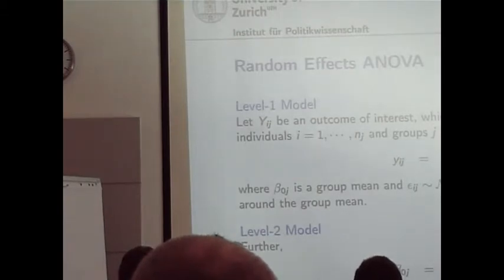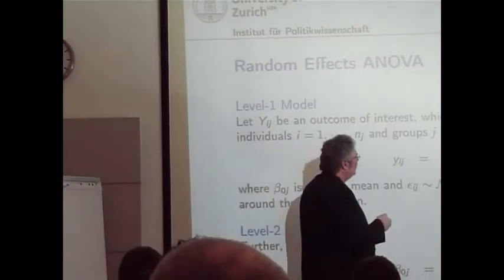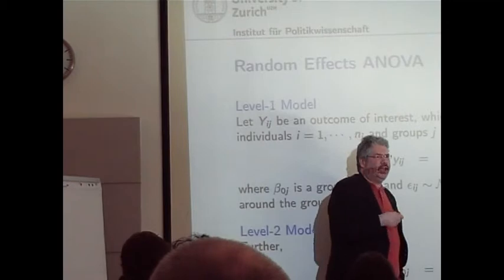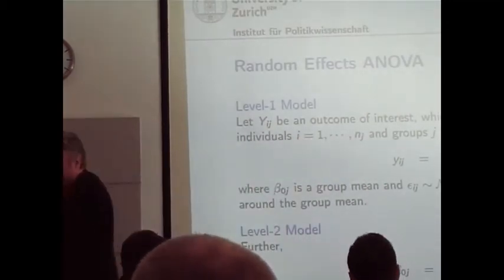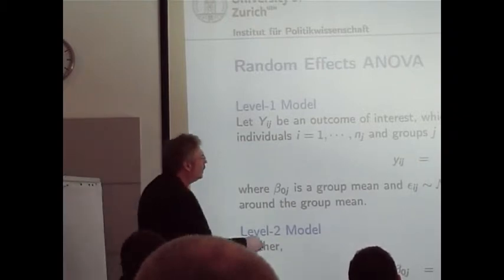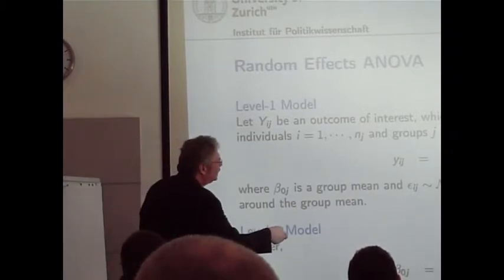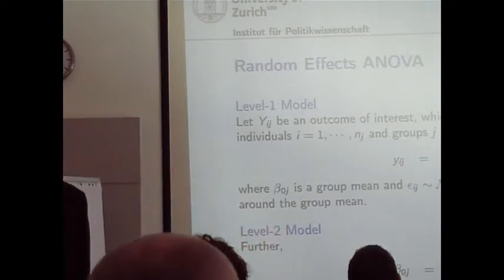Then the next part of this random effects model is to say, well, let's think of this beta 0j as a variable. At least if you're a frequentist, that's how you have to think about it. Bayesians don't care, but this beta 0j, since it has a subscript j, you can think of it as a random variable.